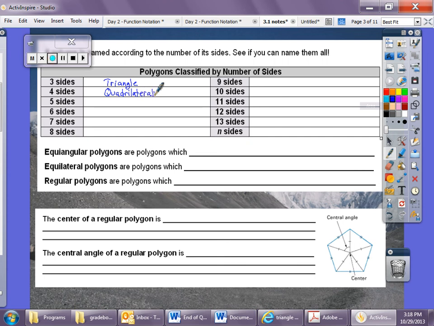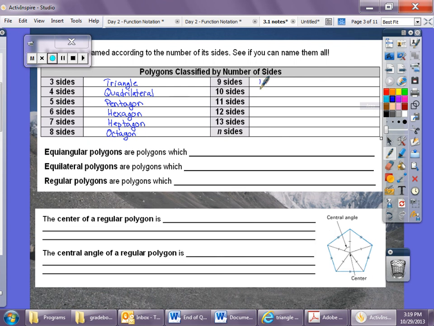Could be a square or a rectangle, but it's called a quadrilateral. 5 sides is a pentagon. 6 sides, hexagon. 7 sides, heptagon. 8 sides, octagon. Now you should know all those 8 ones.